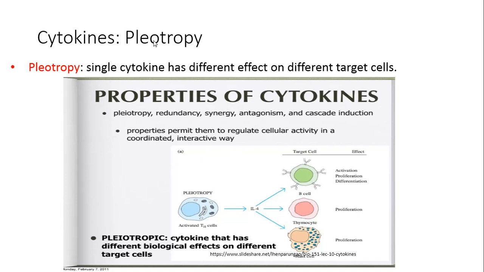It had different target cells. Remember, as long as there's a receptor there for that cytokine, it is going to cause an action. So pleiotropy is a single cytokine that has a different effect on different target cells.